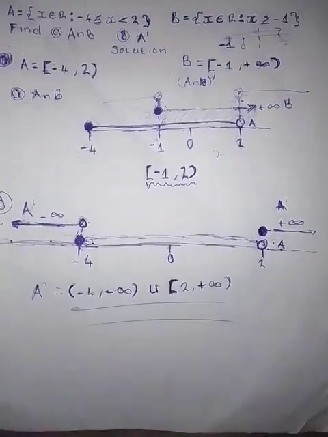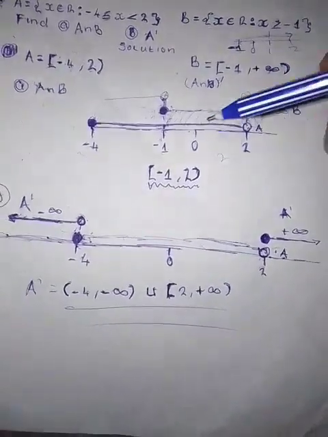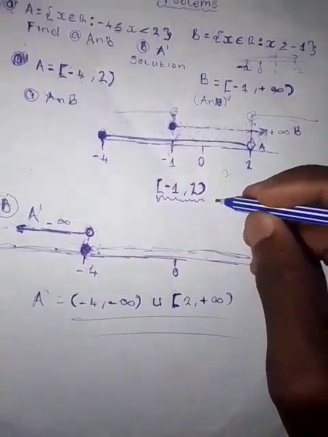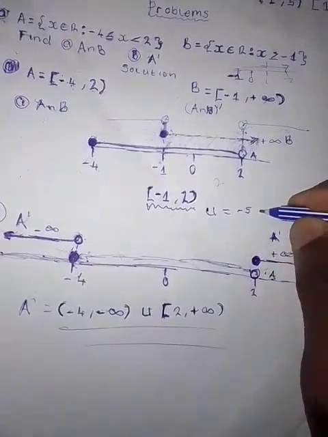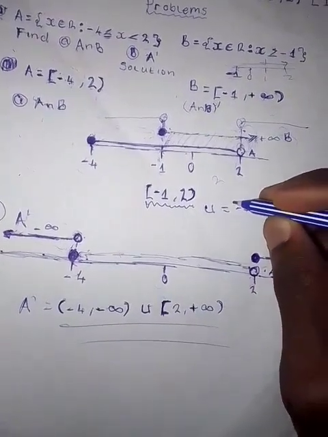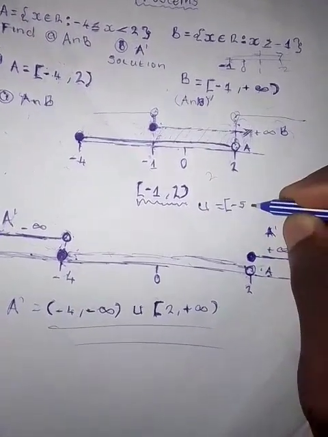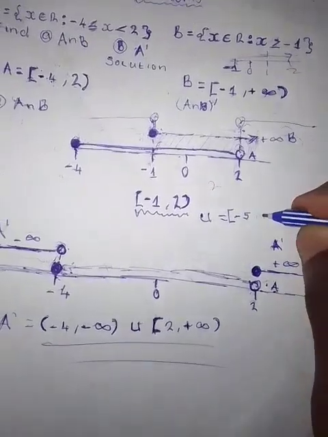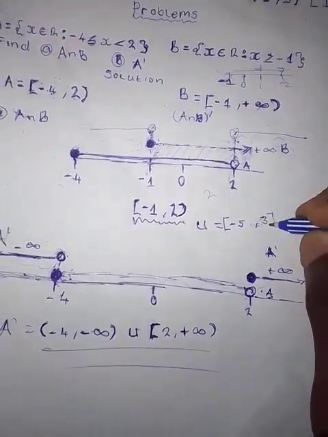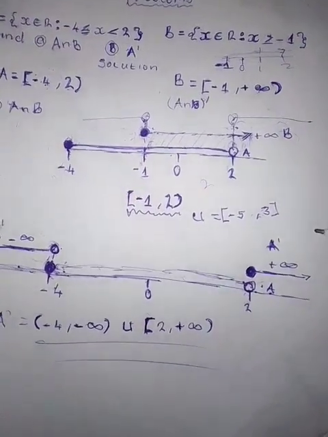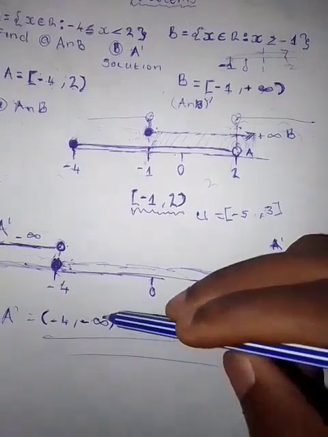Now suppose maybe you are given a universal set. Let's say there was a universal set. It was maybe -5, and you also have 3. In a case like this, we wouldn't have put infinity.